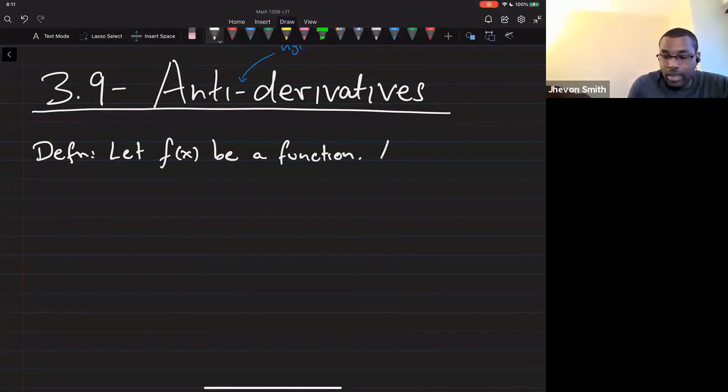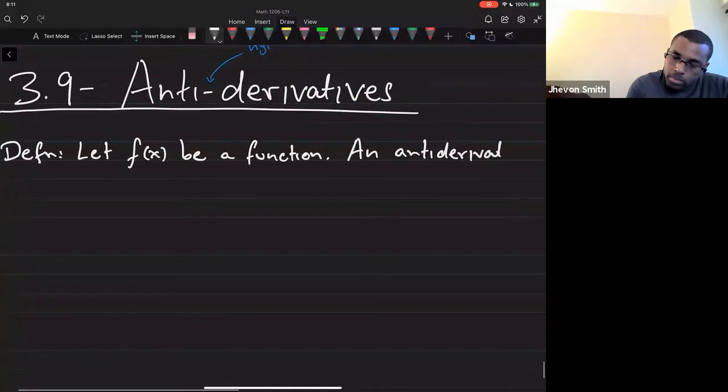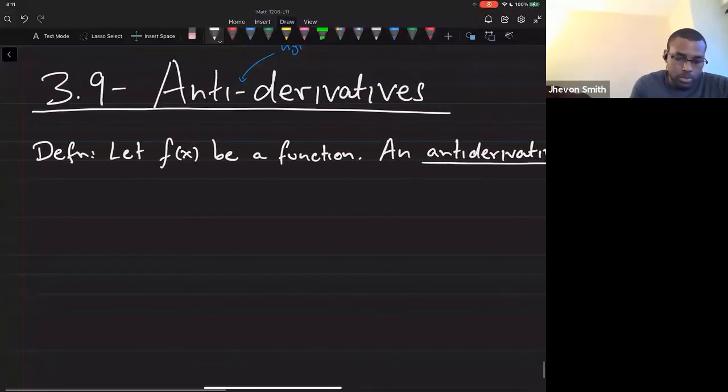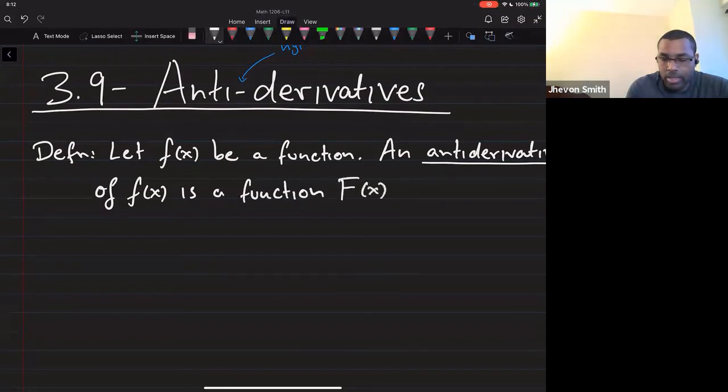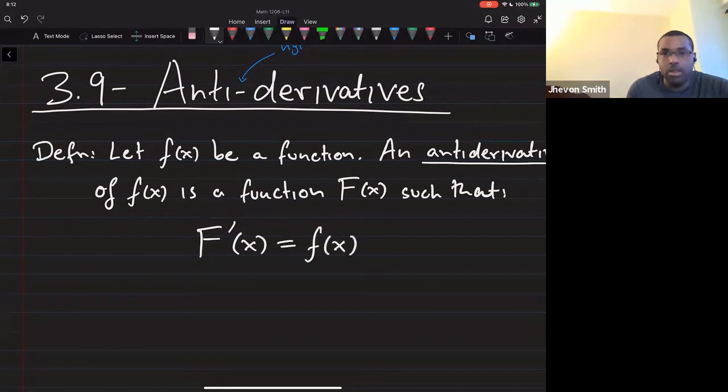An antiderivative of f of x is another function, could technically be the same function, it's like 0 or something, a function big F of x, which is very commonly used, such that if I take the derivative of the big F, I would get the little f, right?